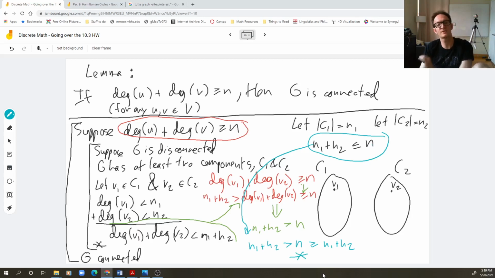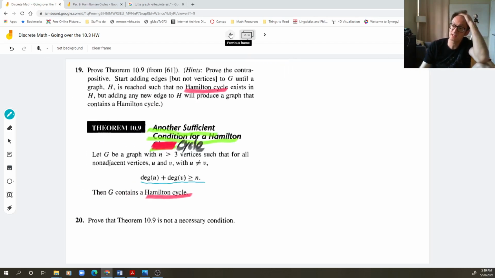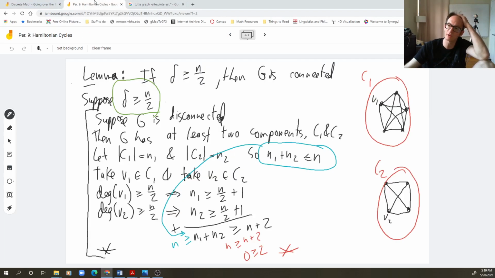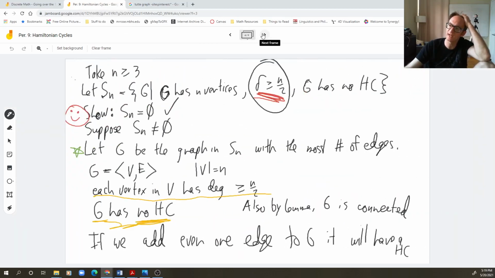Good. This is kind of a distillation of the same argument. So this is just like a nice little graph theory problem in and of itself. Anyway, what does that tell me? That tells me that this condition already implies connectedness. And since this condition implies connectedness, now I just repeat the exact same argument from before.